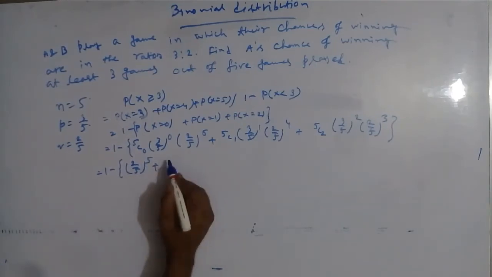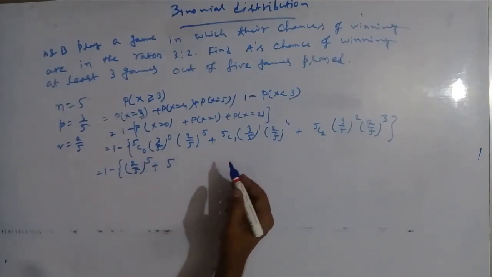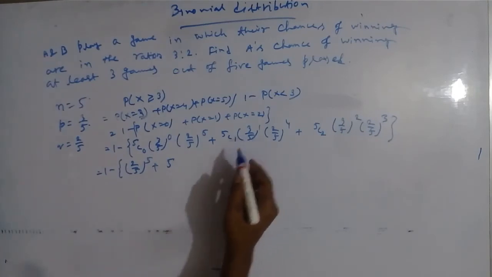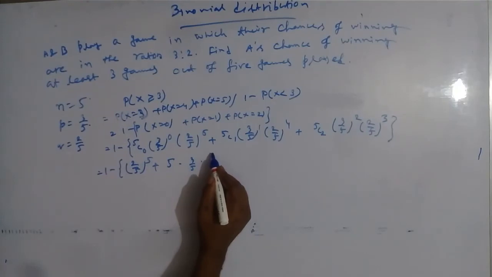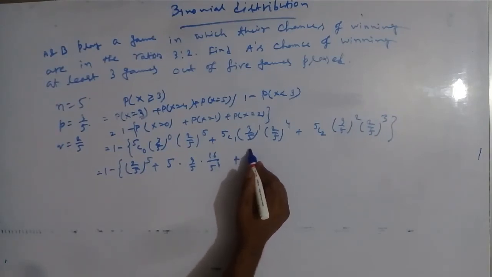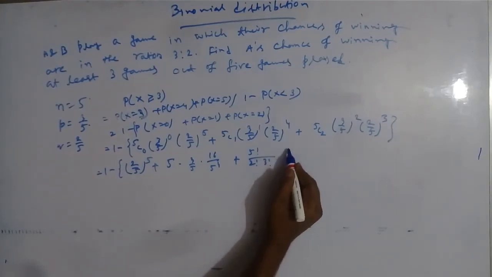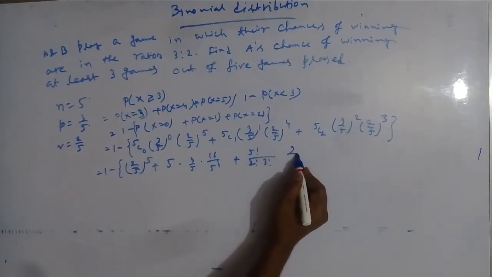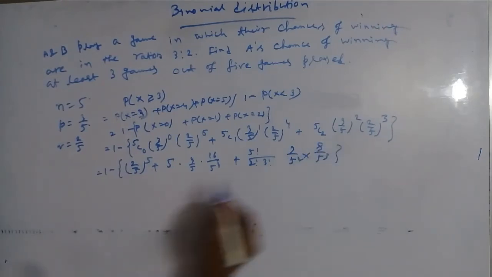Now 5C1, what will be 5C1? 5C1 will be 5, and it will be 3 by 5 into 2 to the power 4, which means 16 by 5 to the power 4. Plus 5C2, that is 5 factorial by 2 factorial into 3 factorial, and 3 square, that is 9 by 5 square into 8 by 5 cube.